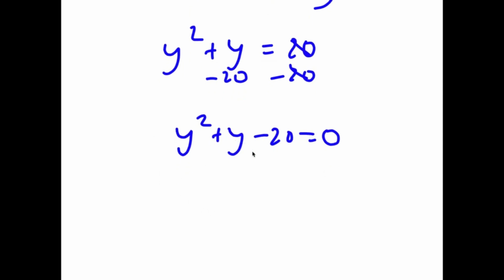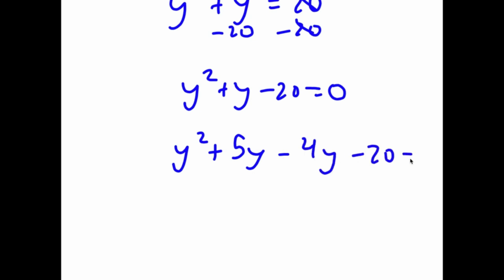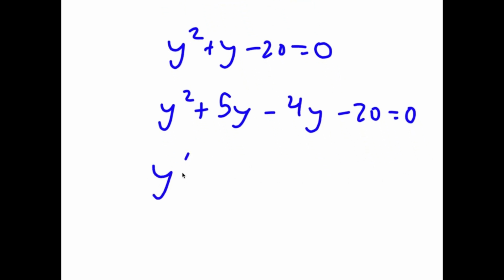Now I'm going to rewrite this as y squared plus 5y minus 4y minus 20 is equal to 0. Now if I factor out y from y squared plus 5y, I get y times y plus 5.